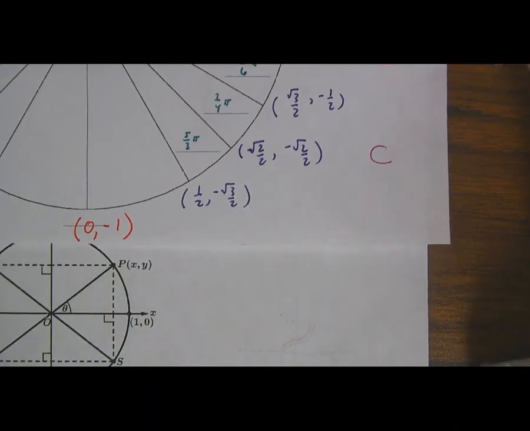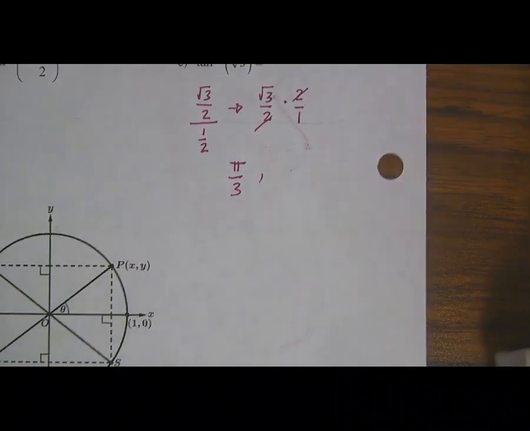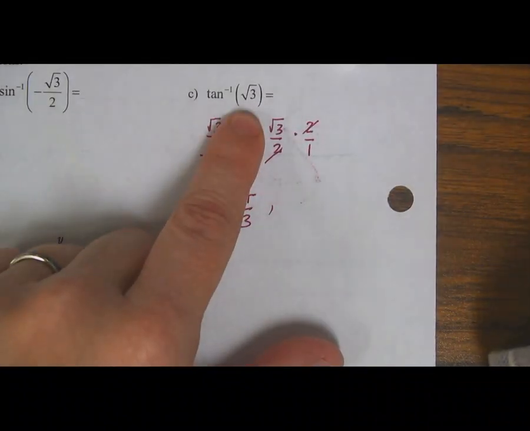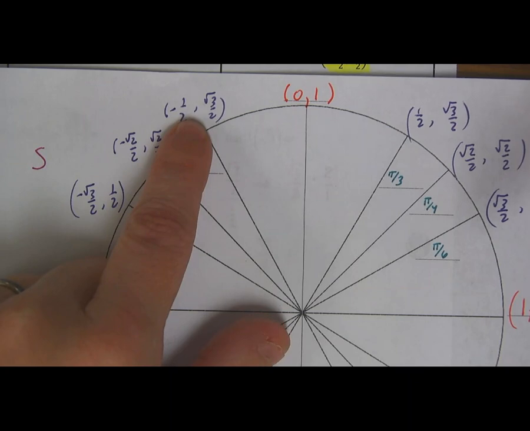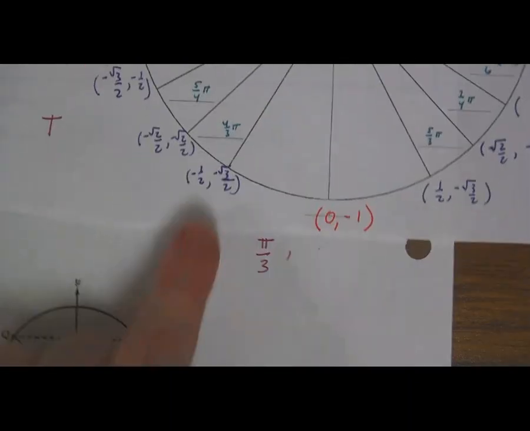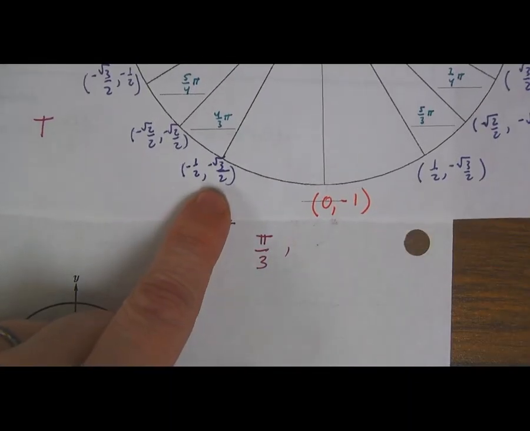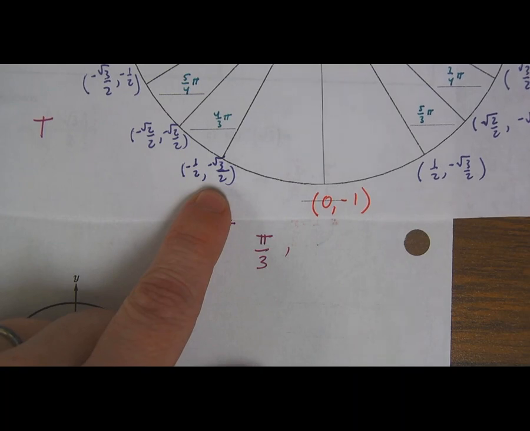Where else would I end up with a positive root 3 for tangent? Here I would end up with a negative because it would be a positive over a negative. Here I would end up with a what? A positive, because it would be a negative and a negative.